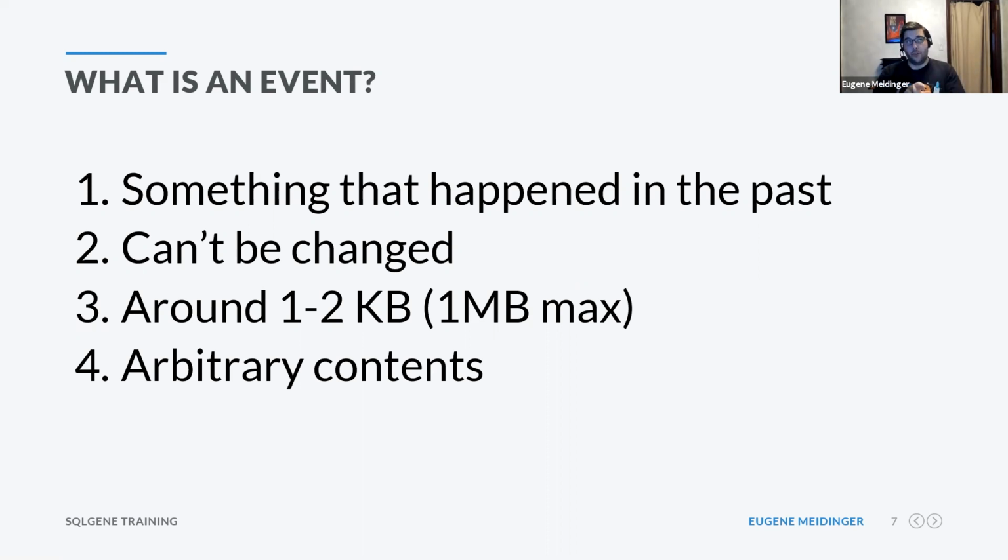And so it's up to you to decide how you're going to encode whatever data you want to send. You could send plain text. You could send some sort of text-based format like JSON. You could send Avro, which is more of a compressed format. It's up to you. It doesn't care. It's arbitrary. So these are some of the things that in my mind make up an event when it comes to event hubs and event streaming.